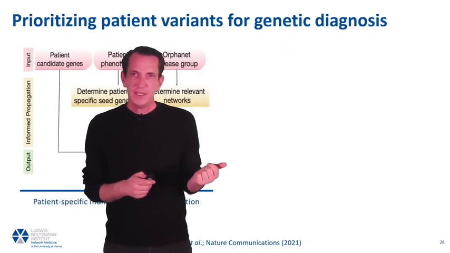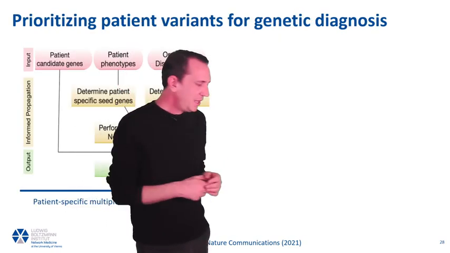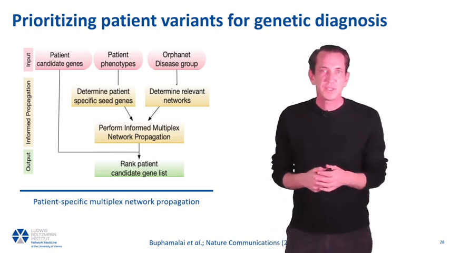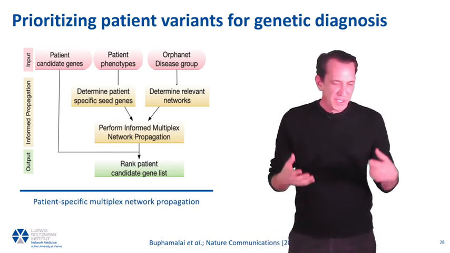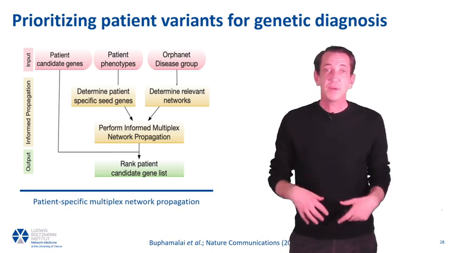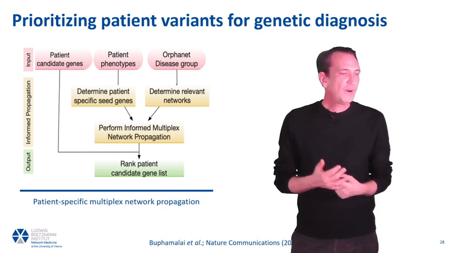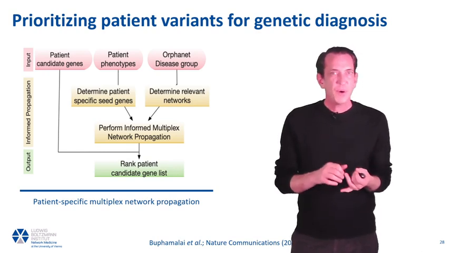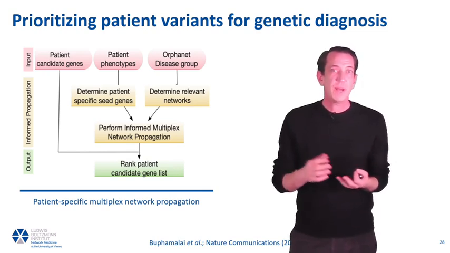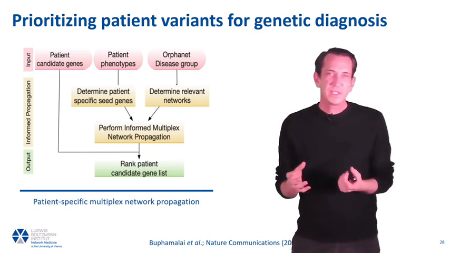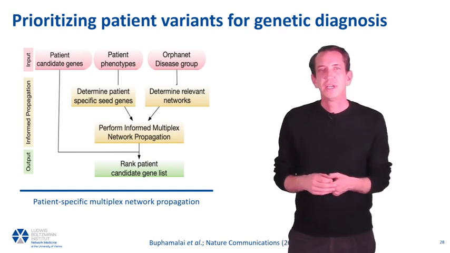And we can next use this in order to improve the genetic diagnosis of patients, because we can use the information that we get from a particular patient, that is a detailed phenotypic description of which organ, body, tissue systems are affected, perhaps which cell types, what are known biological processes that have been observed to be dysregulated.